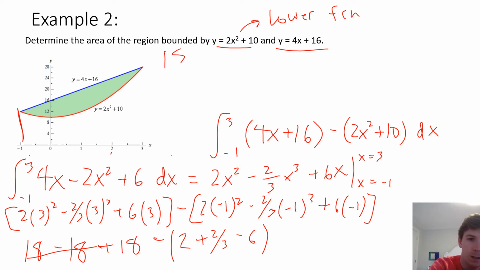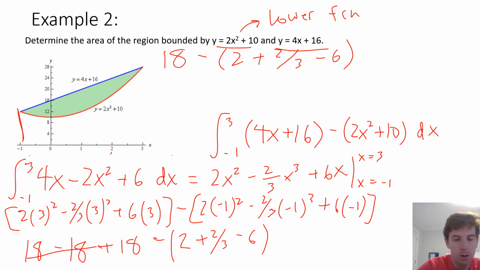So we have 18, sorry about that, 18 minus 2 plus 2/3 minus 6. Let's get everything into thirds.